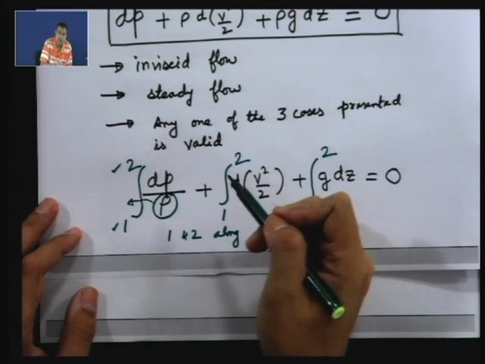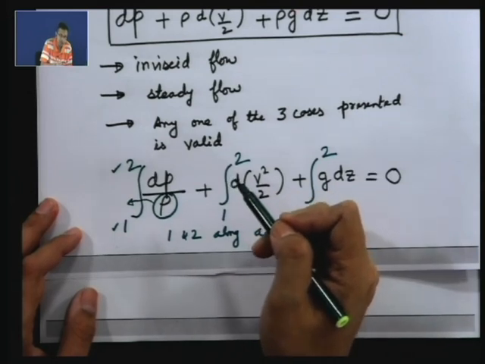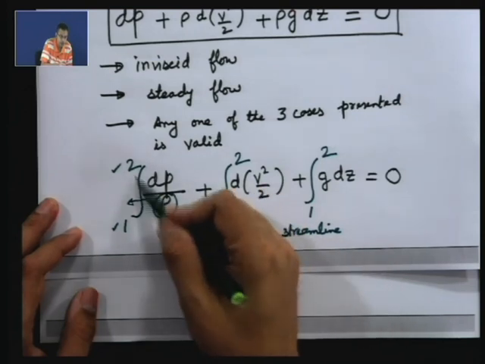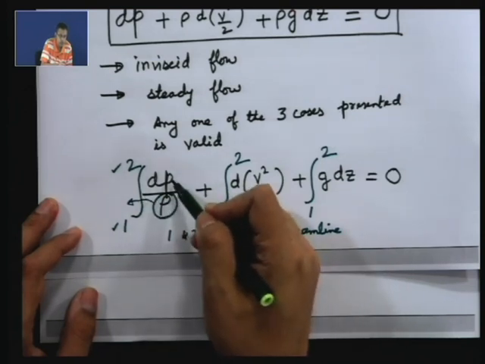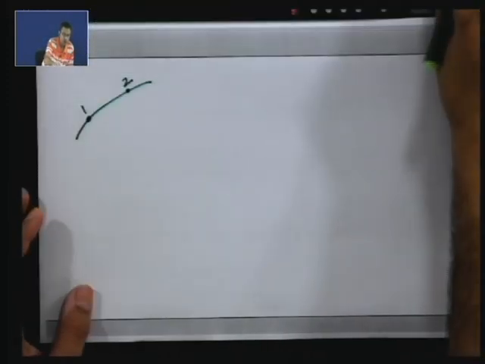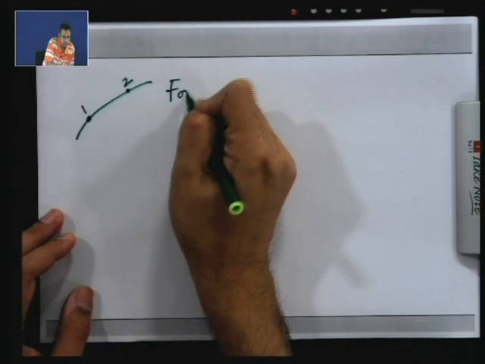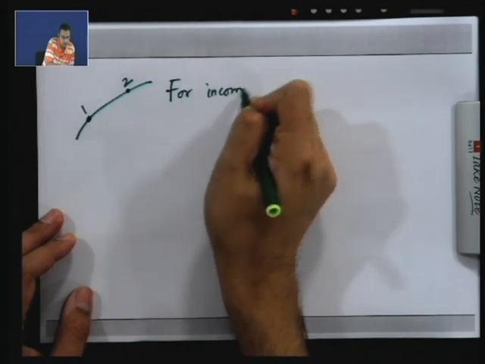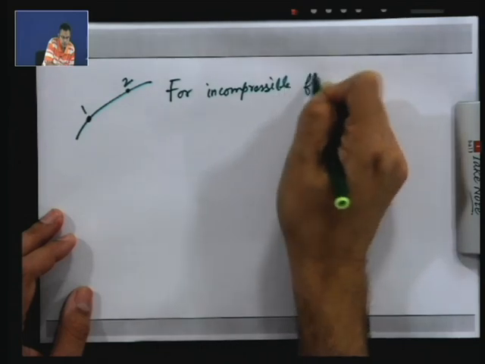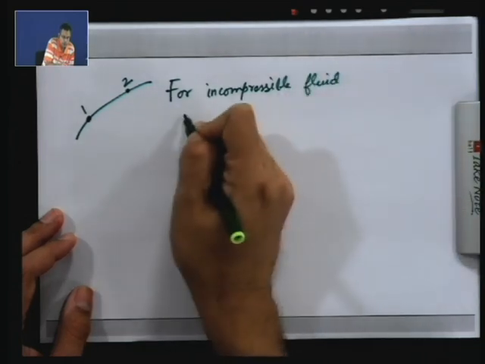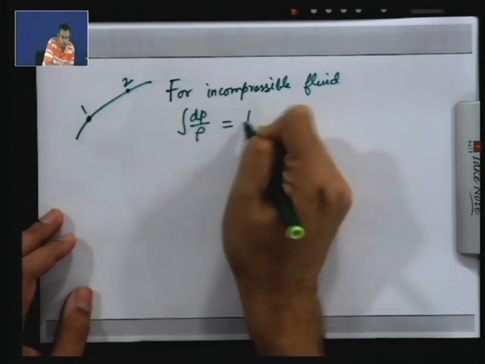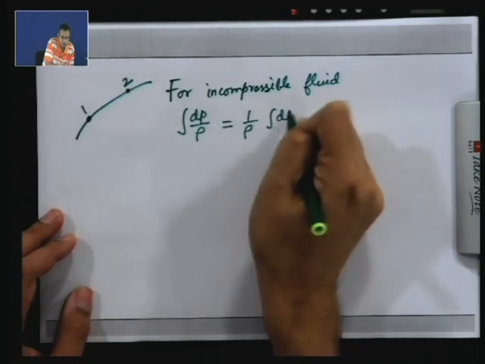So, if the fluid is incompressible, then we can take rho out of the integral, because for incompressible fluid rho is not a function of p. So, for incompressible fluid, integral of dp by rho is equal to 1 by rho integral of dp.